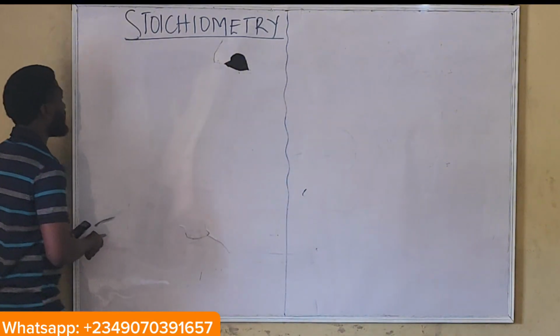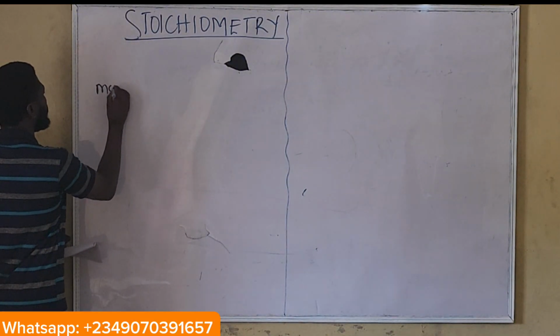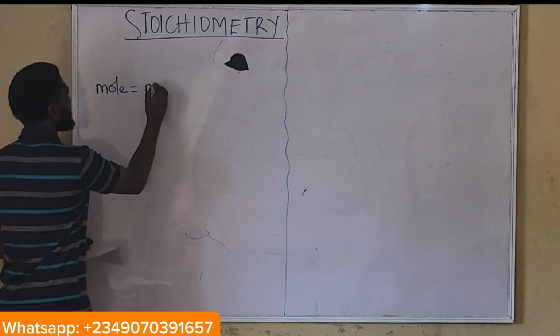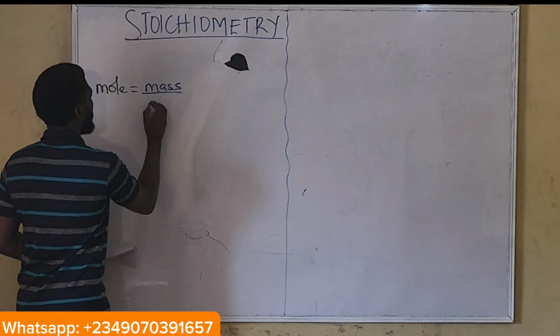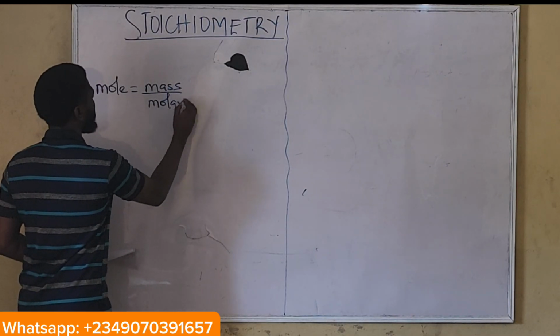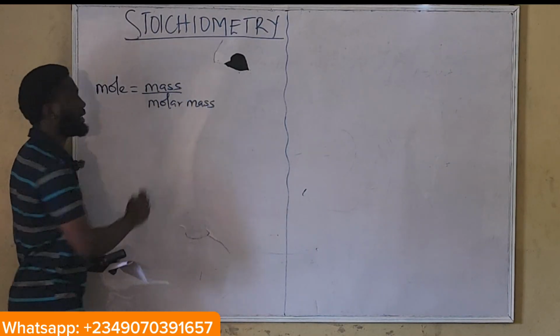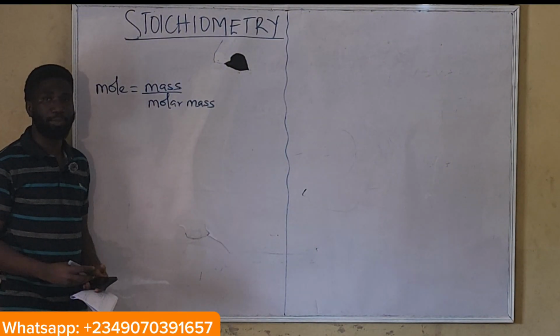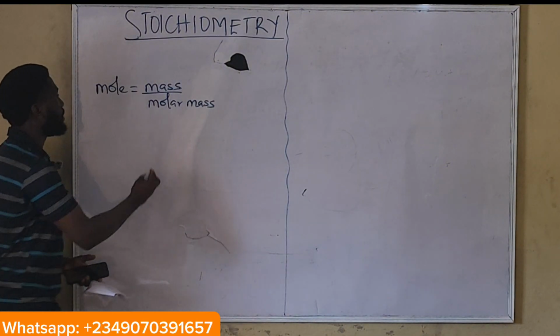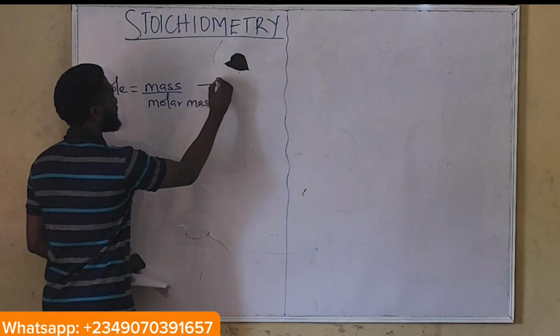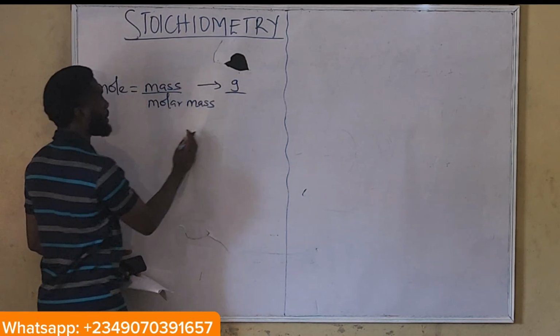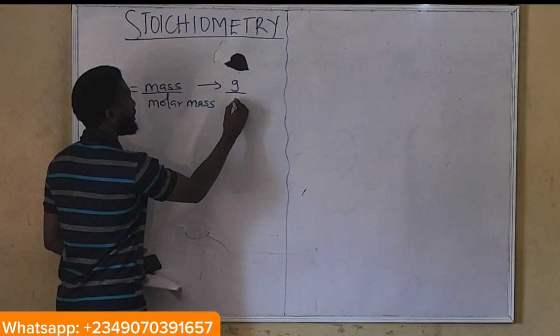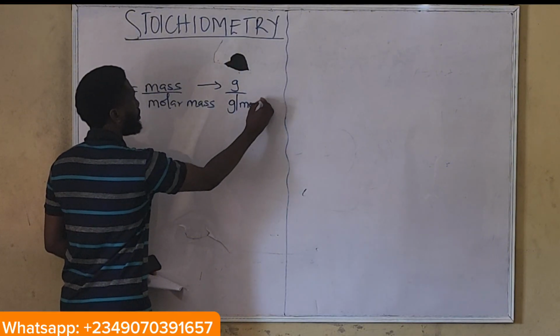Number 1 is what we call mole equals mass over molar mass. And from here, we know that the unit of mass is gram, and that of the molar mass is gram per mole.